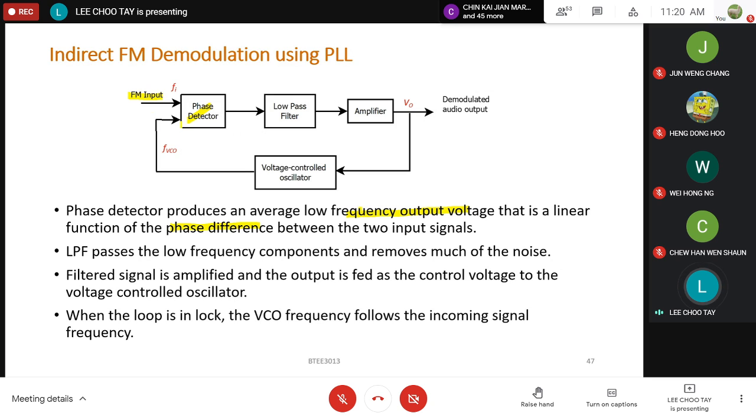The second input signal basically is the output of a voltage control oscillator. All right, so what is this voltage control oscillator? This voltage control oscillator basically is the block that takes in the input voltage, and then the output frequency varies with the input voltage, right?